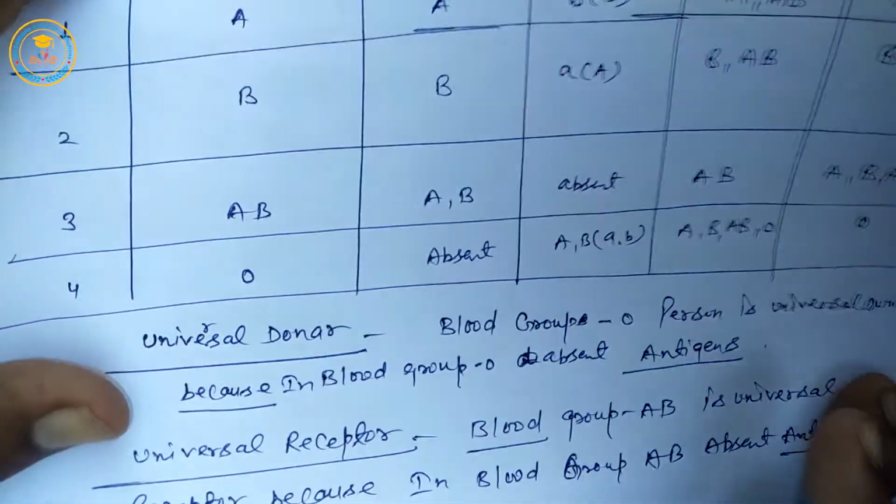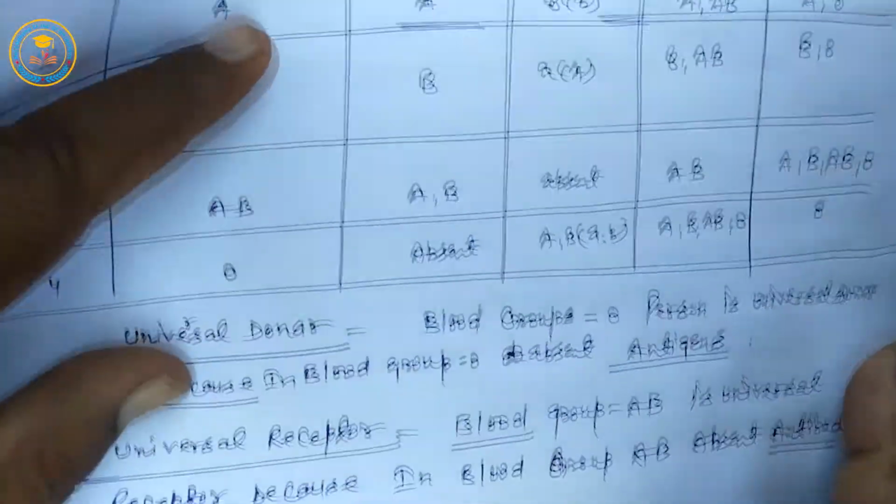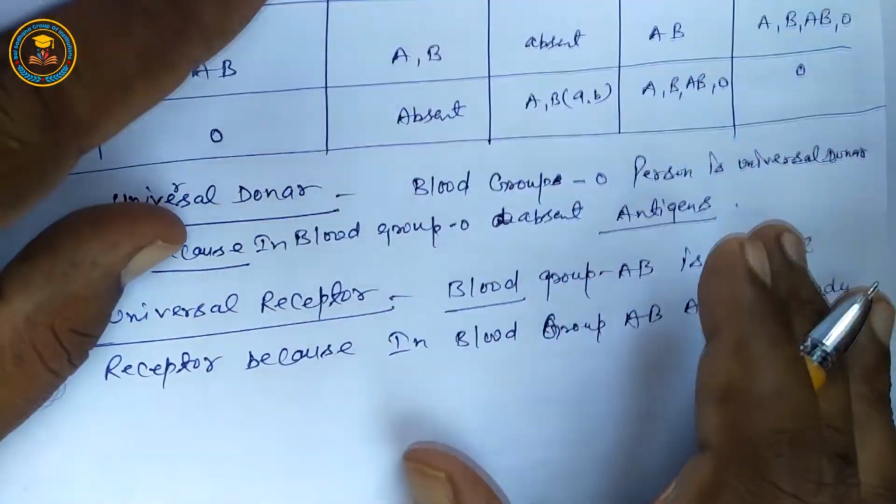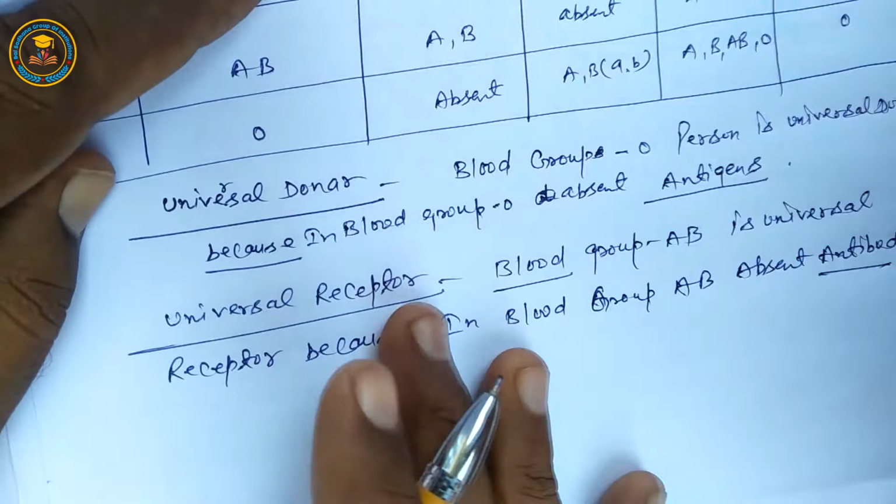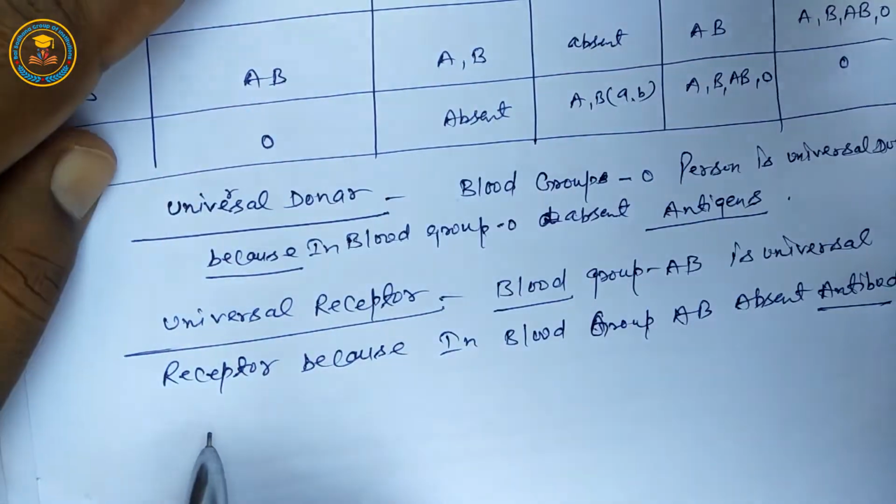So students, the first system is the ABO system and the second is the RH system.